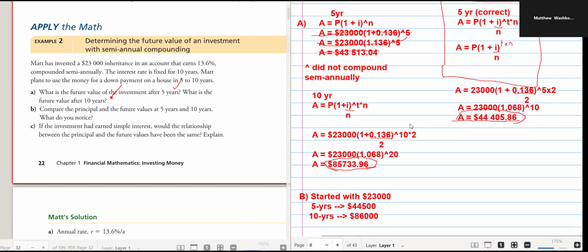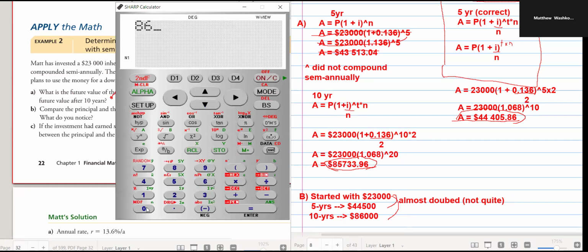Well, after 5 years, how much larger is this? It's less than double. So it almost doubled. Actually, I'm going to write that. It almost doubled, but not quite. But what about after 10 years? How much larger is that?